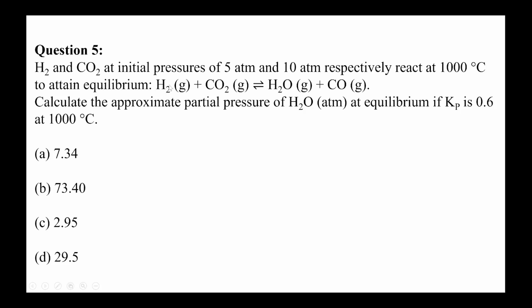The initial partial pressures of H2 and CO2 are given, and when the reaction is just starting, the initial product pressure would be 0. Then at equilibrium, you will have to see what would be the concentrations of H2, CO2, H2O and CO. Based on that you have to define the equilibrium constant.